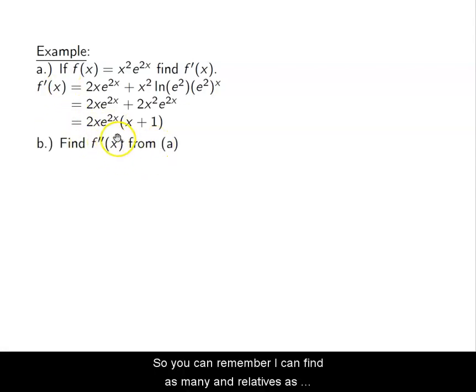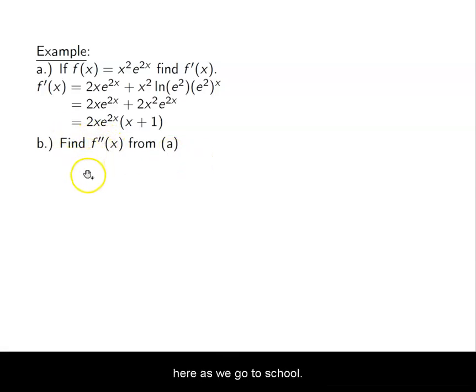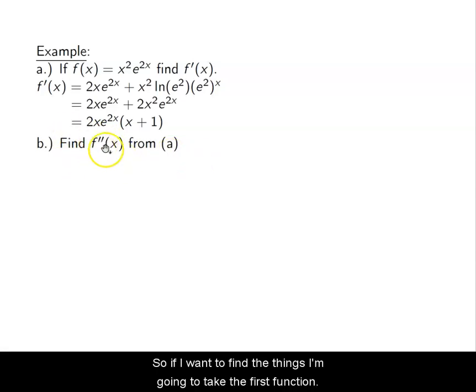Okay. So again, remember, I can find as many derivatives as I want. We're going to start doing multiple derivative problems as we go through this course. So if I want to find the second derivative, I'm going to take the first function. This 2x e to the 2x is what I'll consider as the first one.